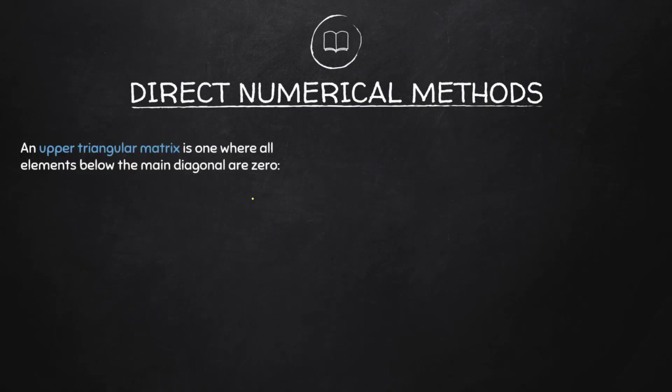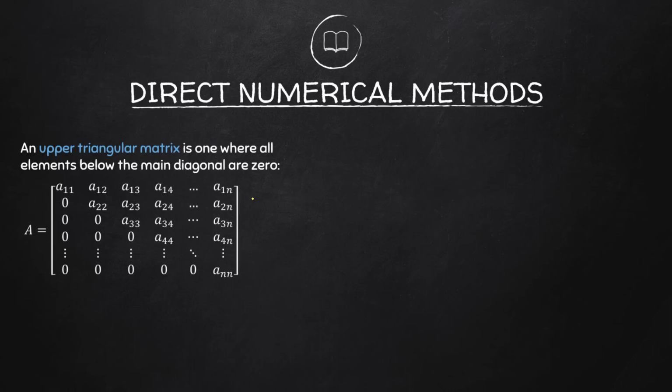An upper triangular matrix is one where all elements below the main diagonal are 0. So this is an example of an upper triangular matrix. This is the main diagonal, and all the elements below it are all 0.